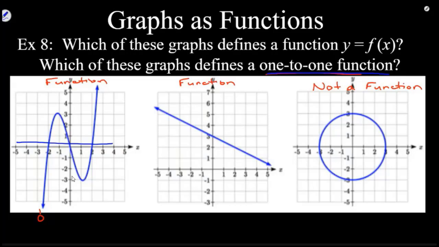So is this first one going to be one-to-one? No, because it hits 3 times in this particular spot. So not one-to-one. The reason is that these y values are the outputs, right? That means an input value close to -2 gives me that value, an input value close to 0 gives me that value, and also an input value close to 2 gives me that value.